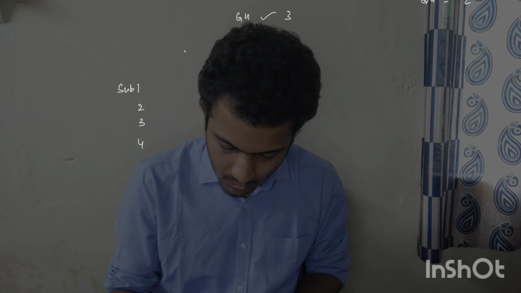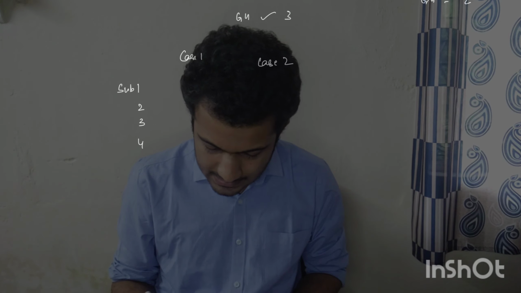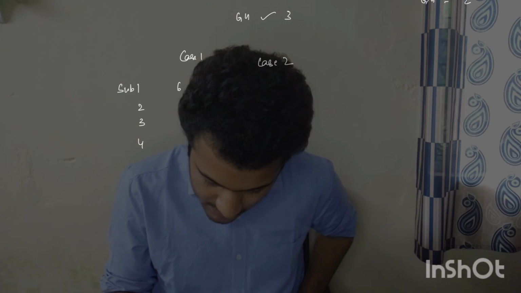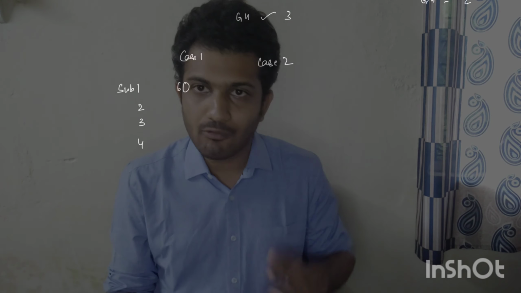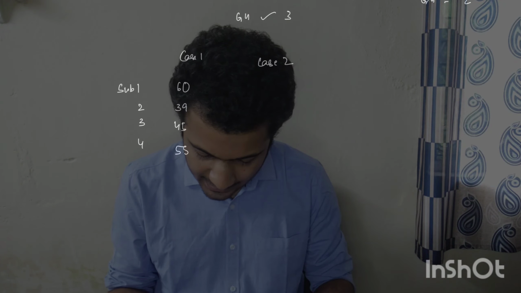Next, how many marks are to be calculated when you have an exemption? Good question. So subject 1, 2, 3, 4. This will be case 1, case 2. Suppose you have scored an exemption in subject 1, with 60, and because of one subject you failed, say for example 39, 45 and 58.